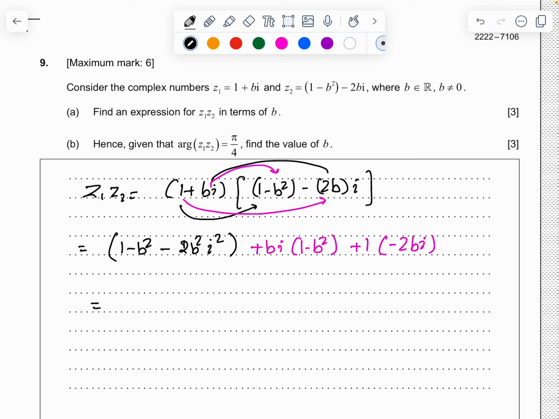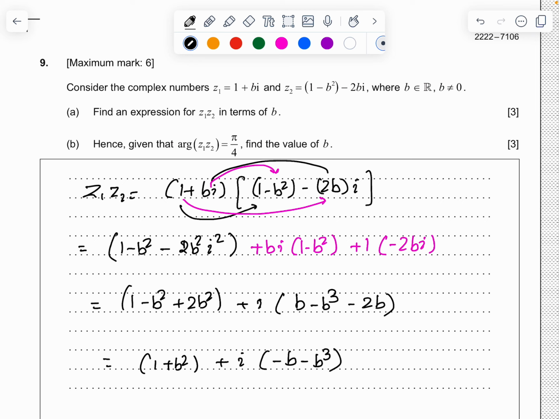If I simplify, it becomes 1 minus b square plus 2b square, then I take i common: b minus b cube minus 2b. So finally I get 1 plus b square, then plus i common, minus b minus b cube. That's the answer for the expression of z1 z2 in terms of b.